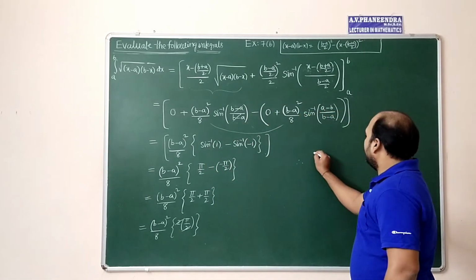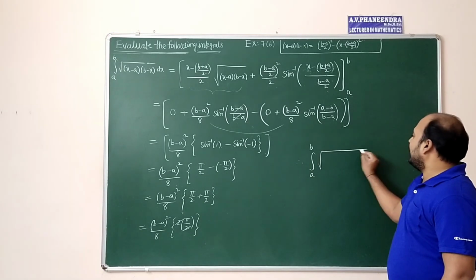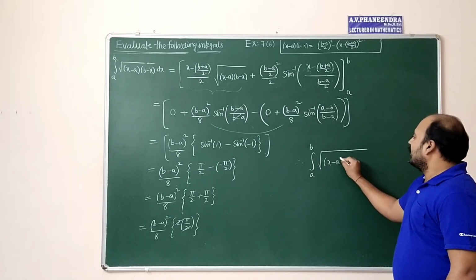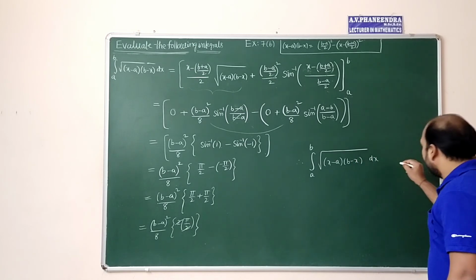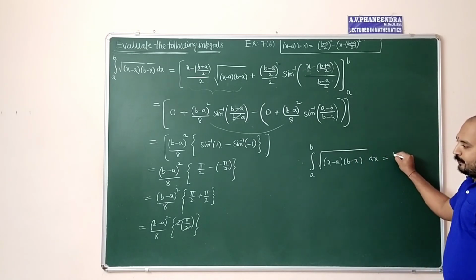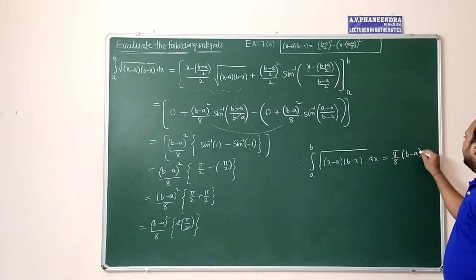Therefore, integral a to b square root of (x minus a) into (b minus x) dx is equal to pi by 8 into (b minus a) whole square.